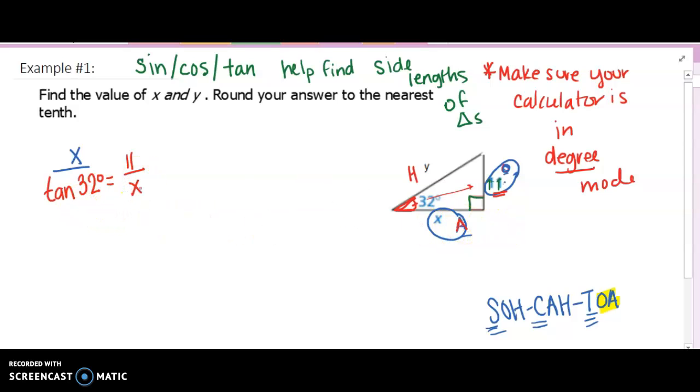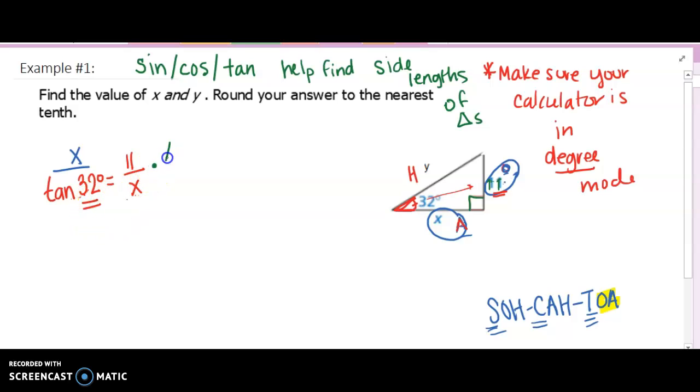Okay, so this is basically the same thing we did yesterday, except we're plugging this in and we don't have both of these. Now the really cool thing is if you put tangent of 32 into your calculator, you'll get a big long decimal. Your calculator knows what the tangent of 32 is. So what I want to do is just simple algebra to get x by itself.